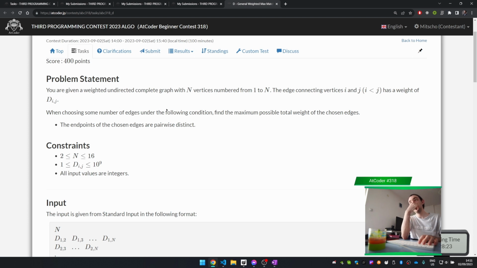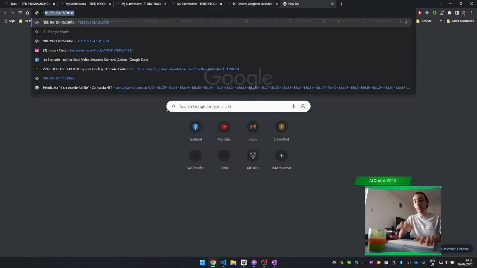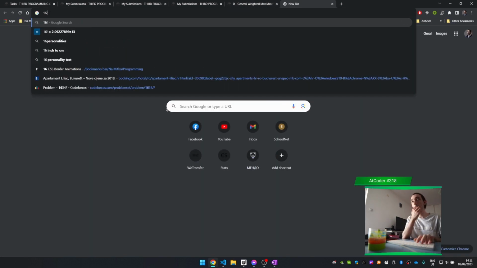And then you want to pick in the matrix some permutation, right? But 16 factorial is a lot.